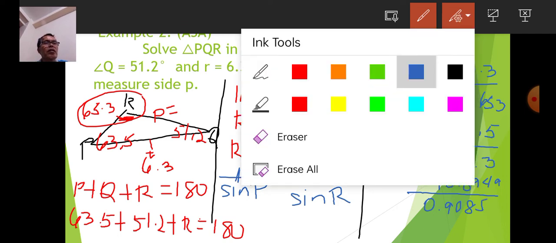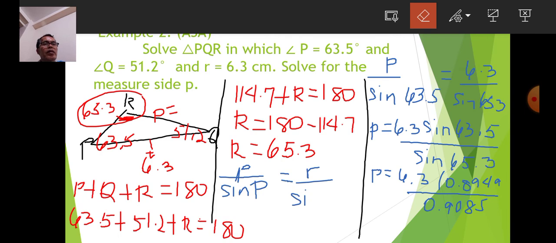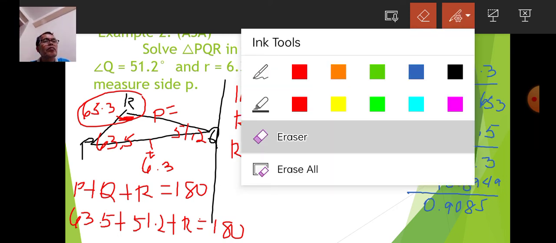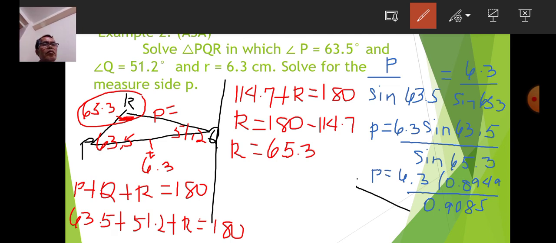Okay, so now P is equal to 6.3 times 0.8949.